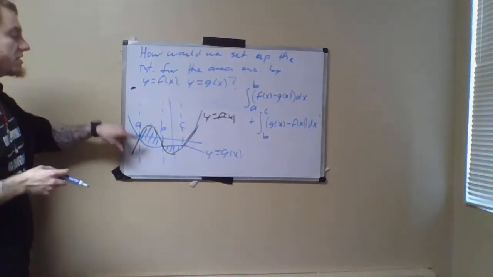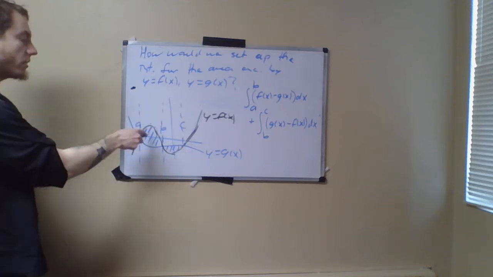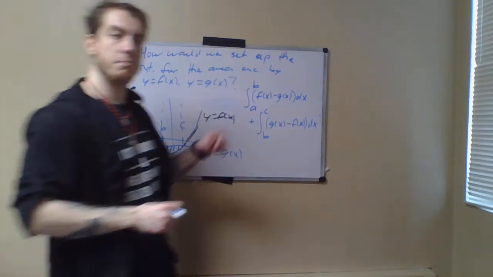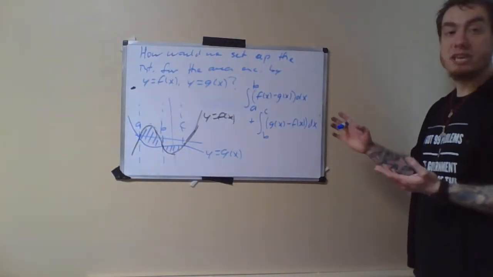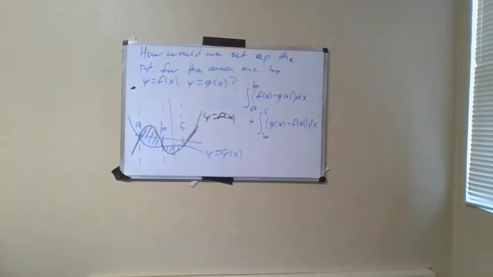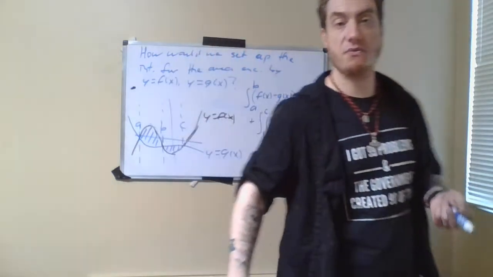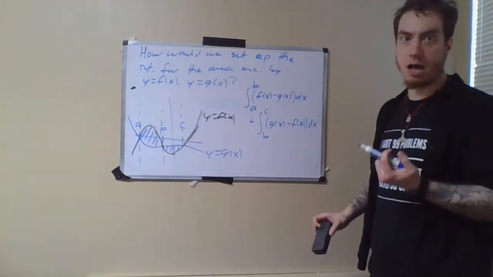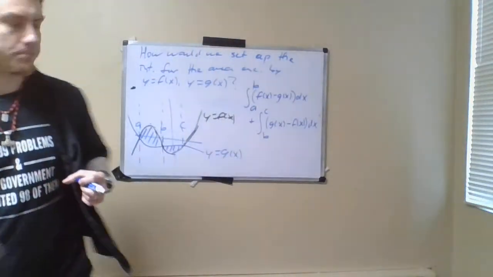And so when they start flip-flopping like this, we need to break up our integral into the different pieces, the parts where f is bigger and the parts where g is bigger. And then we can work out these problems without any difficulties, but we do have to be cognizant of the fact that this is something you have to check on, okay? You do have to be a little bit careful about that.